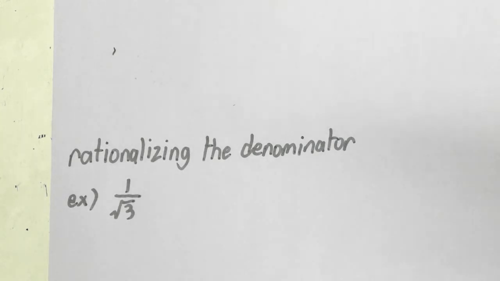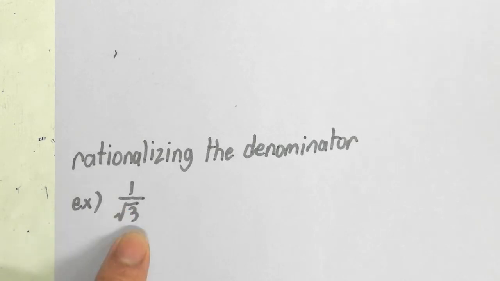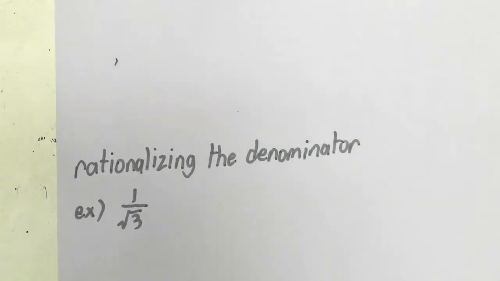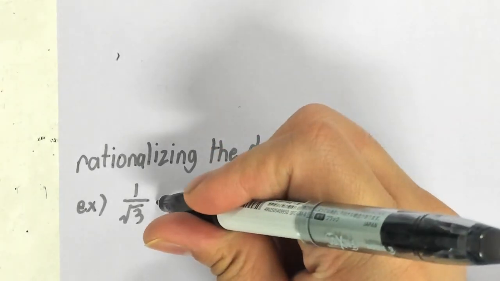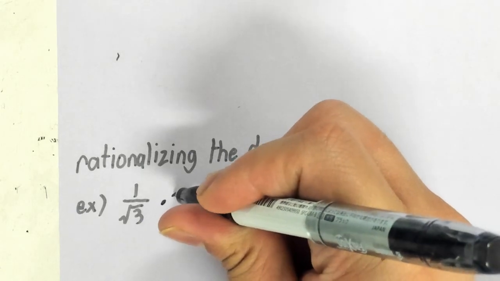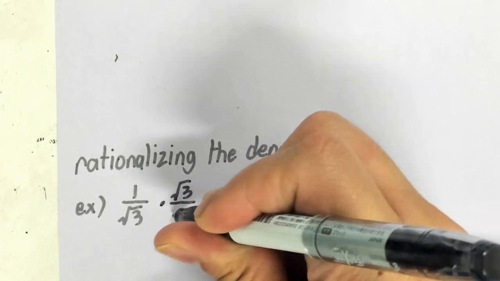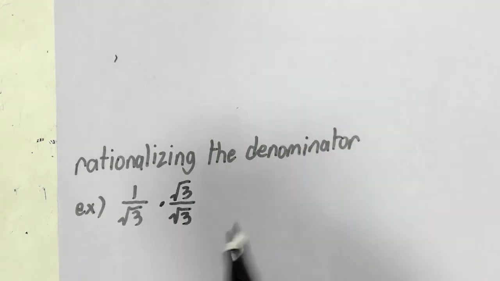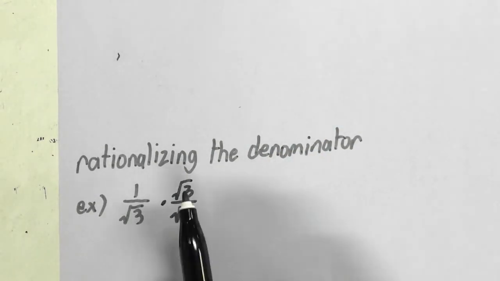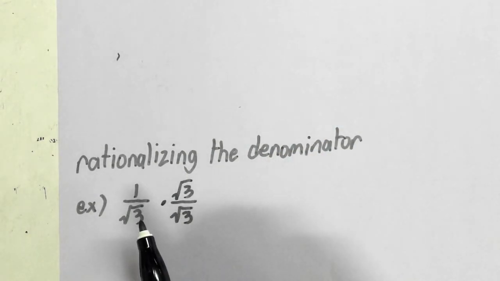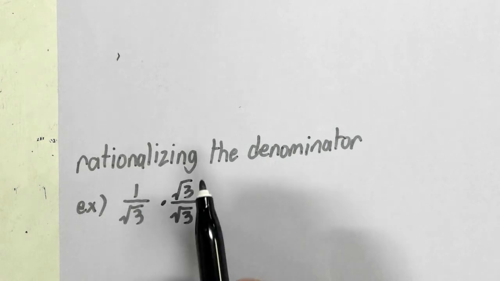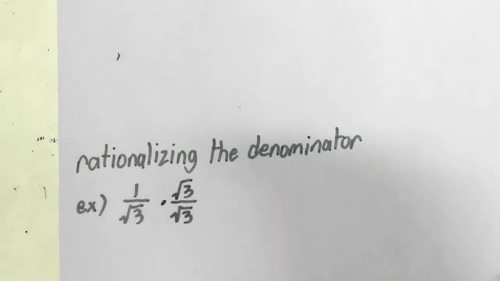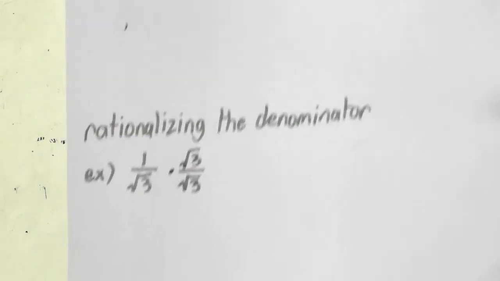More specifically, the method to get rid of those square roots is the same method we use to rationalize the denominator, to get rid of the square root at the bottom of the fraction. So you multiply the top and the bottom of that fraction by the same number. Square root 3 is in the denominator, so we multiply the top and the bottom by square root 3. Here's the reason why.